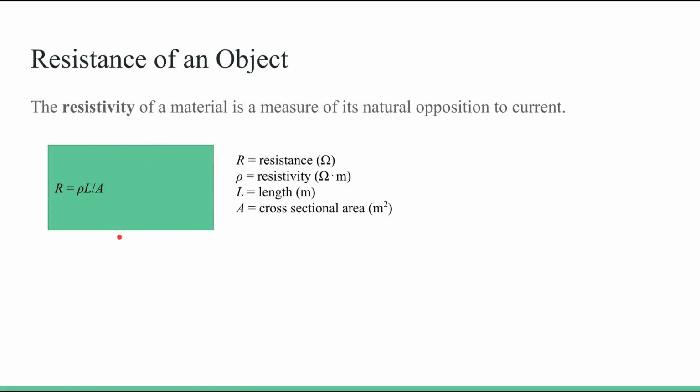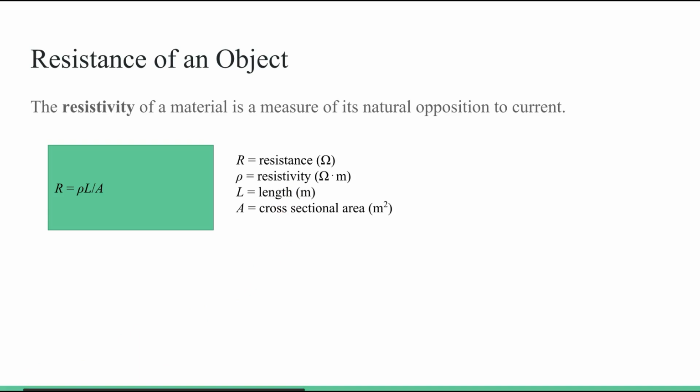The resistivity is determined by the actual material itself, so whether the atoms are bunched up or spread out, and whether the properties of the material will allow electrons to pass through the material easily. So this will give you the resistance. Remember, resistivity is given in units of ohm meters. You have your length in meters, and A, the cross-sectional area, is in meters squared.